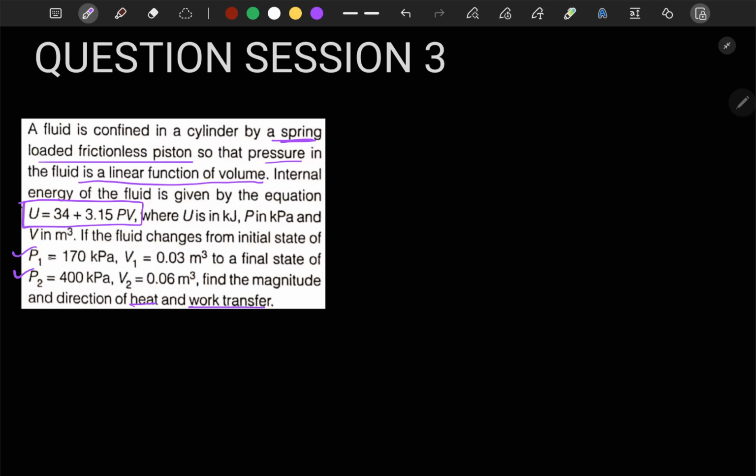In the last lecture I told you that if the piston is spring loaded and linear, then to calculate work we should directly use the PV diagram. So in this question we will draw the PV diagram and mark both P1 and V1 points. Let's say this is 170 kilopascal and 0.03 meter cube.